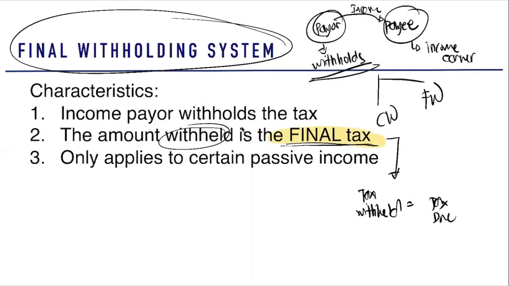Next, it only applies to certain passive income. Take note of the words used here: certain passive income. The final withholding system applies only to certain passive income because here we talk about your final taxes on passive income.